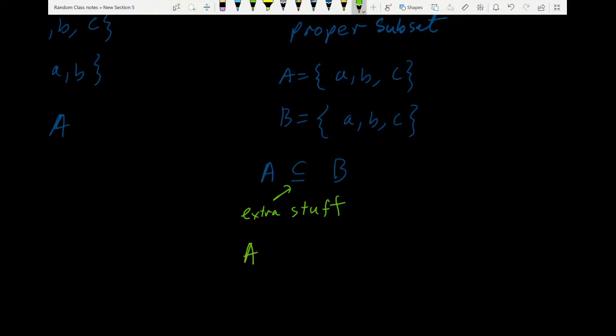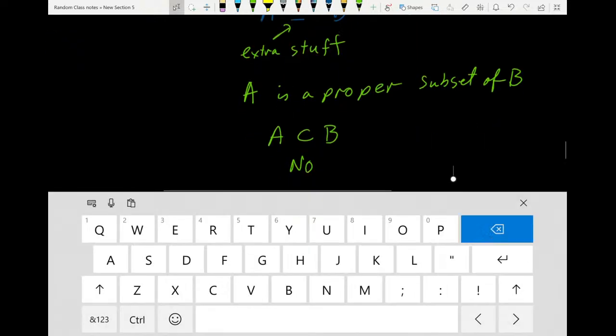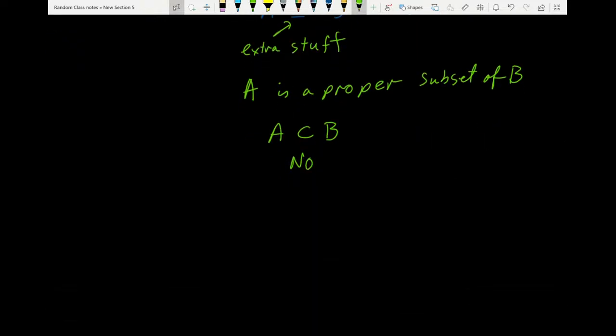But I cannot say that A is a proper subset of B. I cannot do that, where I have to use this symbol. No. Here's the reason why. In order to be a proper subset, it has to be strictly smaller than that.